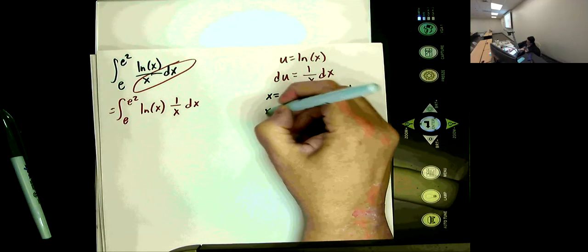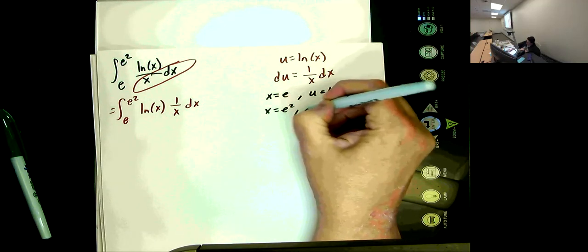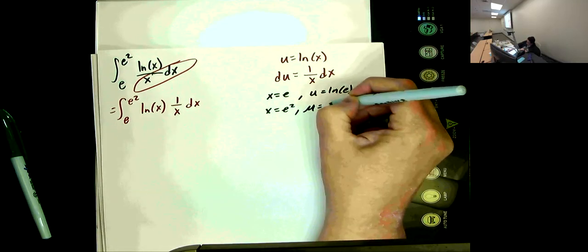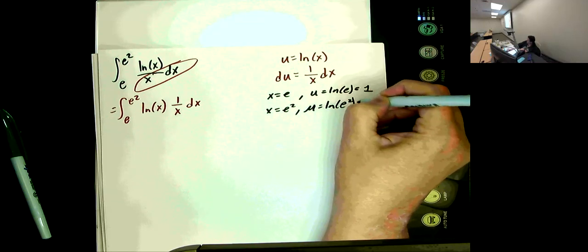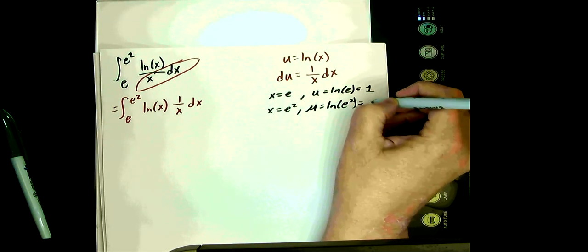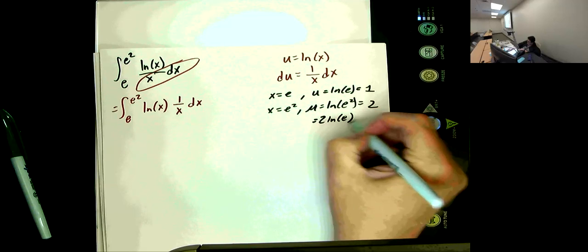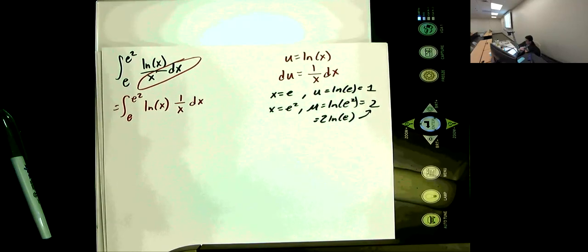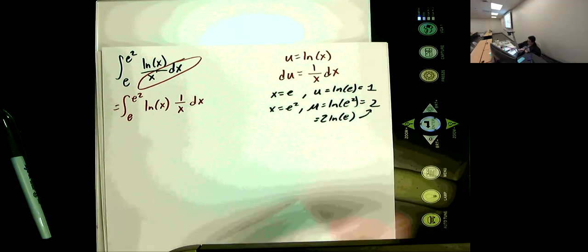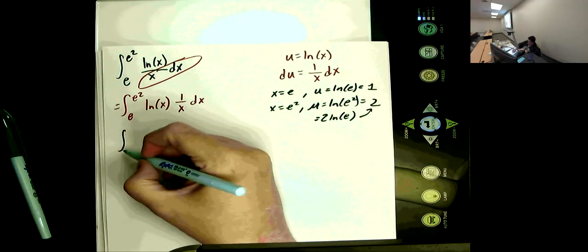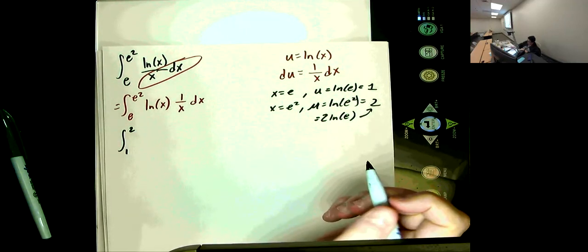If x equals e squared, u equals natural log of e squared, which equals what? 2. The quick way is to bring the power down. Remember your logarithm properties. So that really sets up an easy change of integrals to new limits.